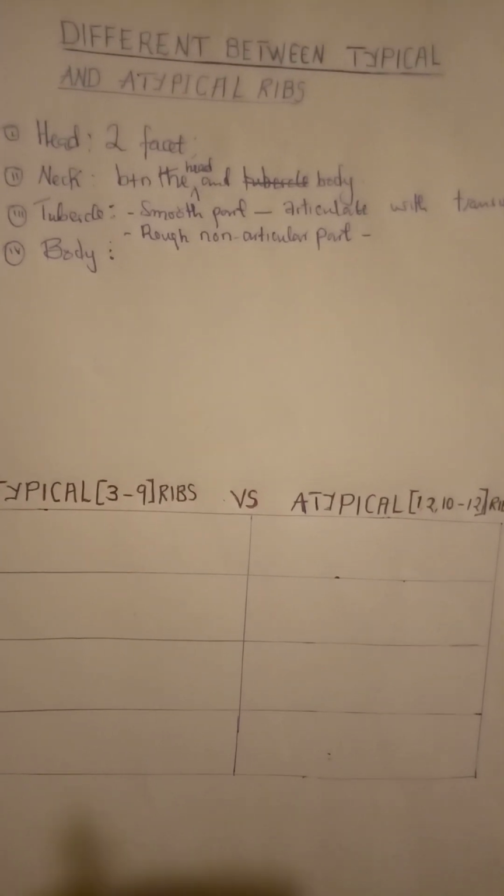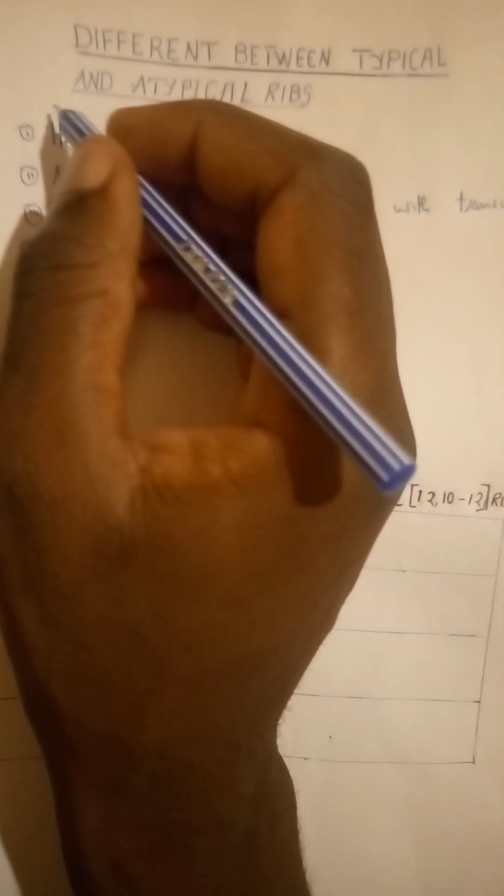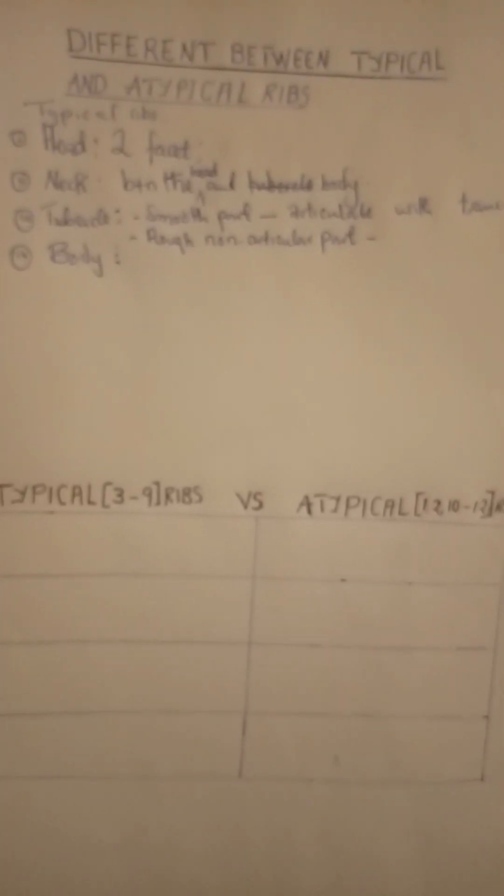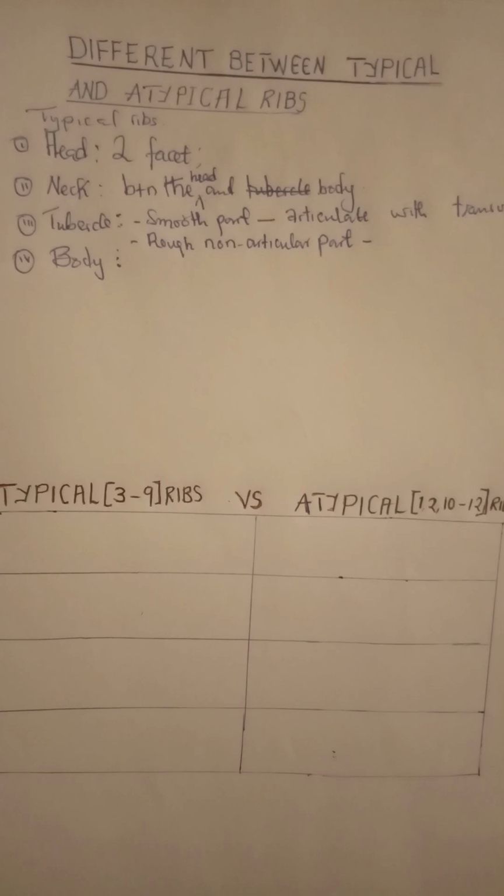So moving on to the atypical ribs. Here we were talking about typical ribs, and basically when we talk about typical ribs, we are talking about rib 3 to rib 9.